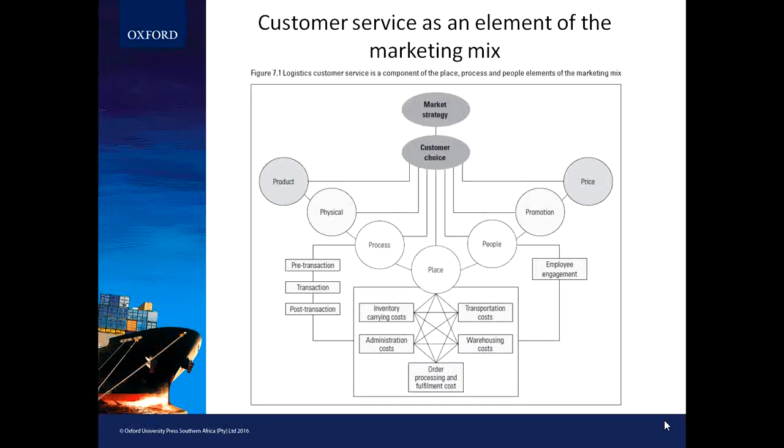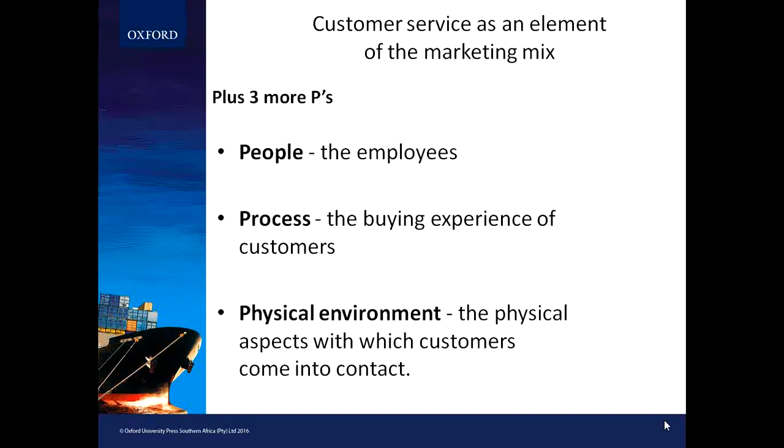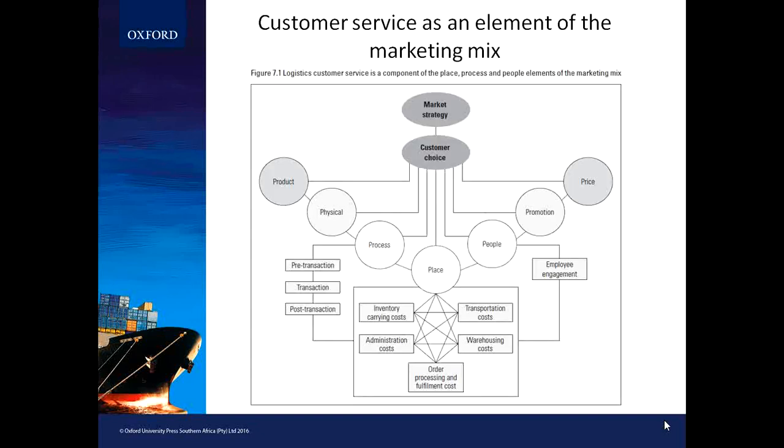Moving on to this particular flow chart, as we have seen the 4 P's and then the 3 important P's of people, process and physical environment, putting it together for a market mix. As you can see in this diagram, it shows how logistics customer service is a component of place, process, and people.